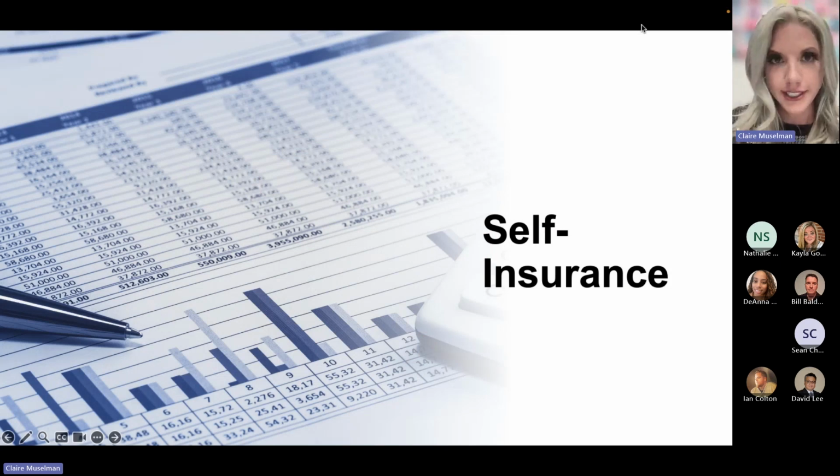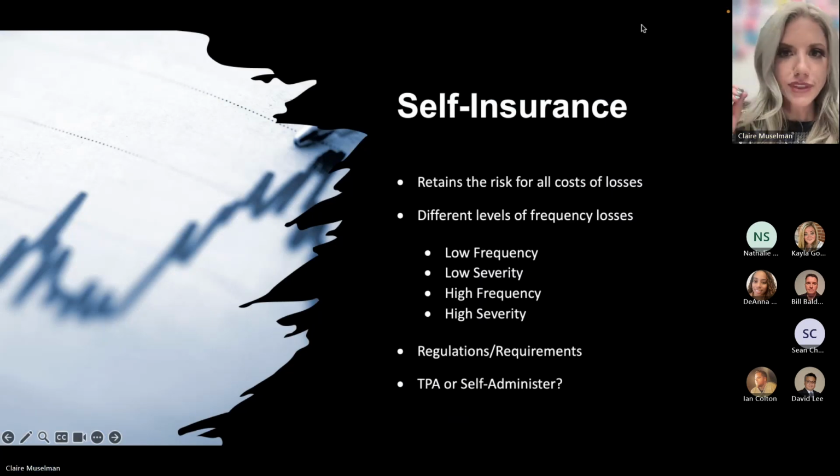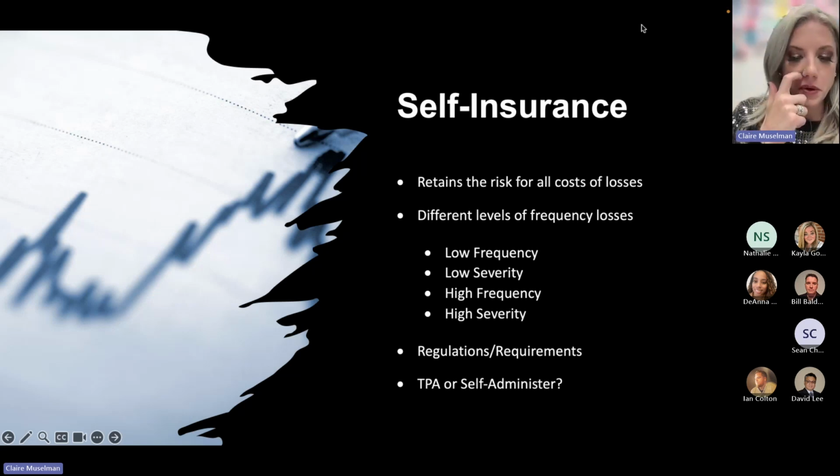So self-insurance, this is where you're going to see the TPAs get involved. Self-insured programs: this is where an employer retains all of the risk for their loss costs. So when we look at this, it might look a couple of different ways.